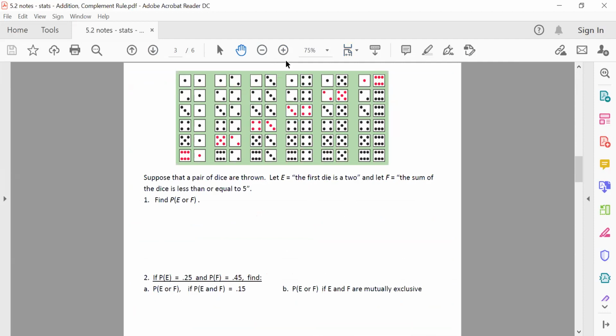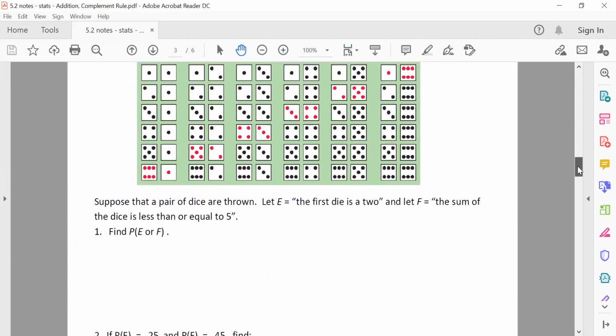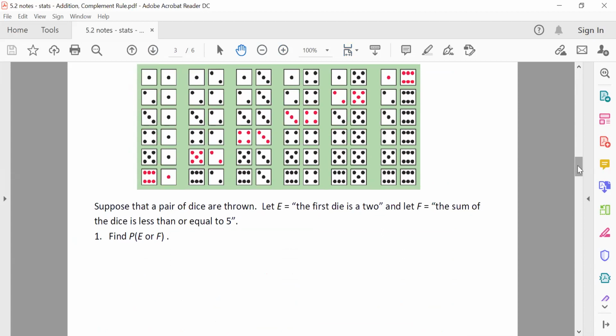Going to the dice example. You're tossing 2 dice again. Suppose that a pair of dice are thrown. Let E be the event that the first die shows a 2. So that's going to be everything along this row here. The first die is a 2. Let F be the event that the sum of the dice is less than or equal to 5.